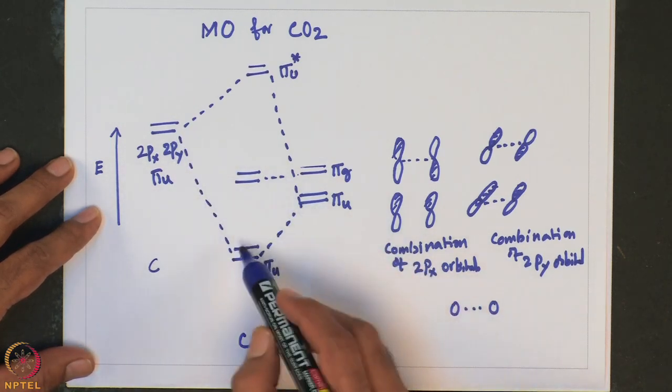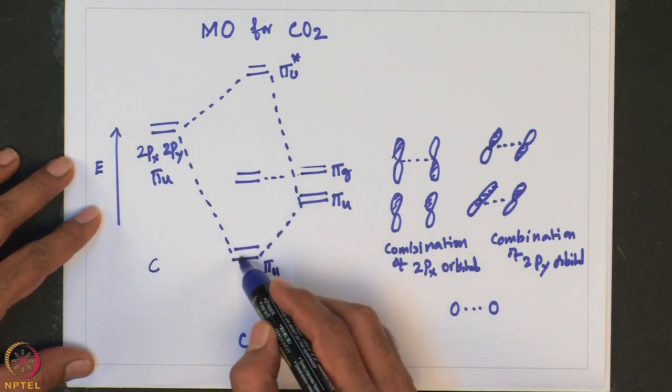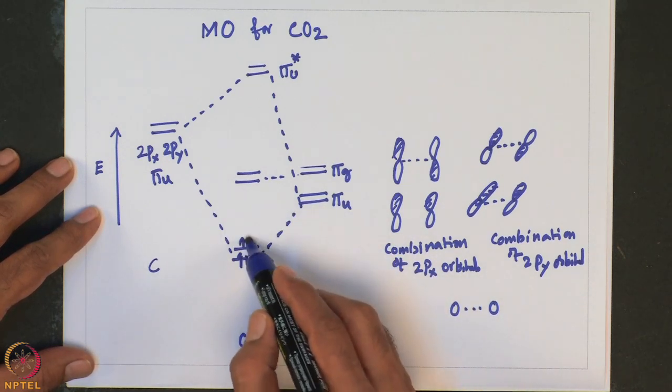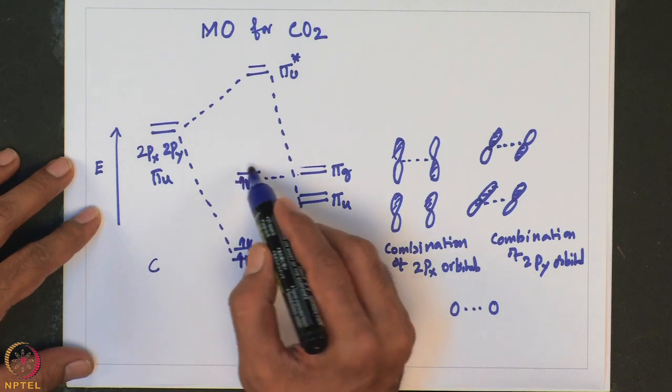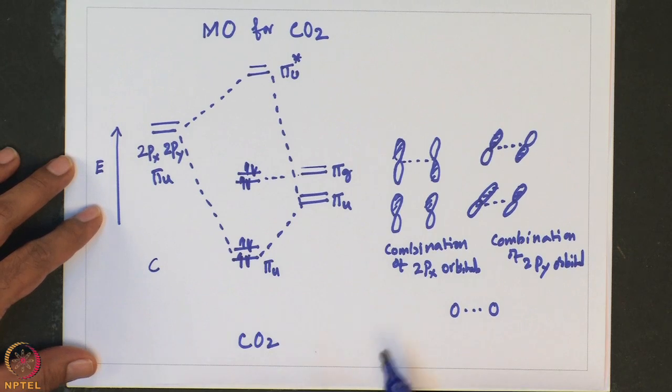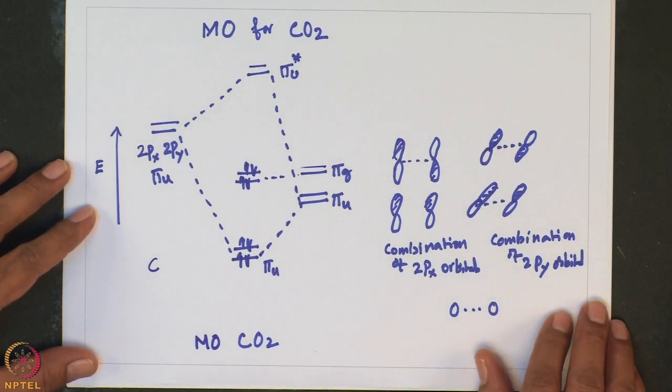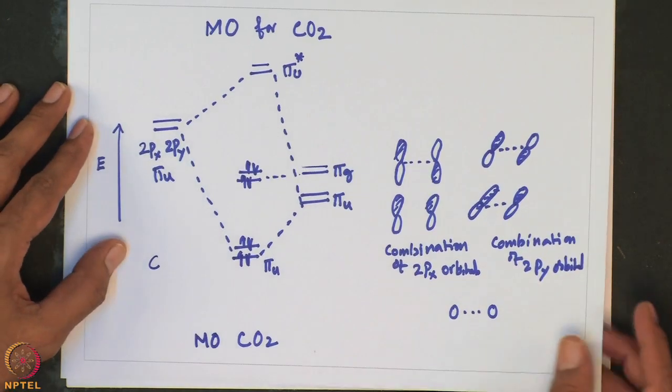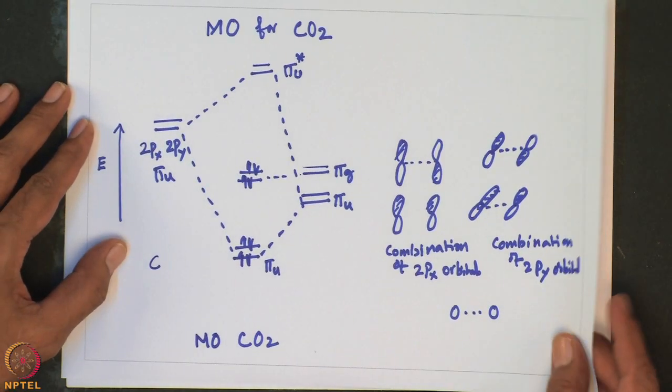Okay. So, now we have to put these 8 electrons here. So, this is the MO diagram for CO2. This is for oxygen, this is for CO2. One should be able to write a simplified MO diagram for CO2 in this fashion.